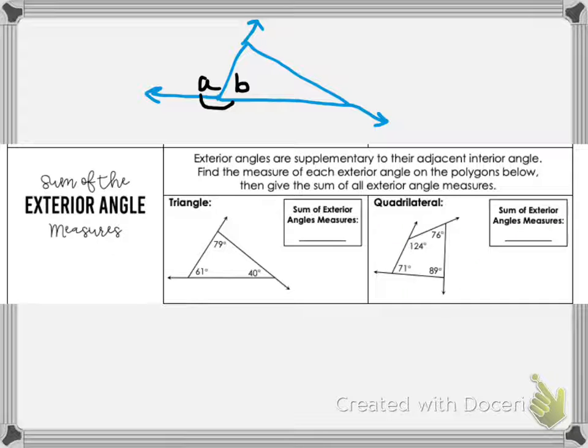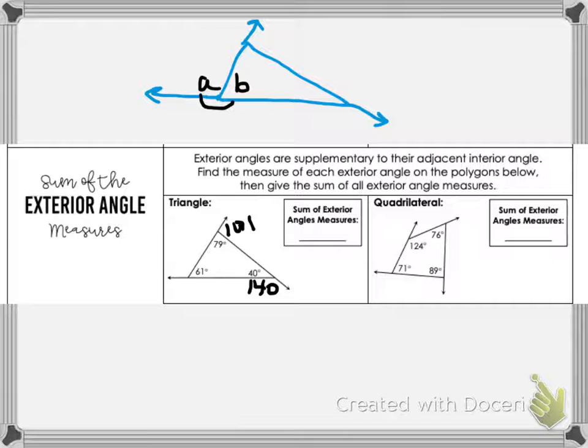So looking at this example here, if the interior angle is 79, then the exterior angle next to it is going to be 101. If the interior angle is 40, the exterior angle is going to be 140.